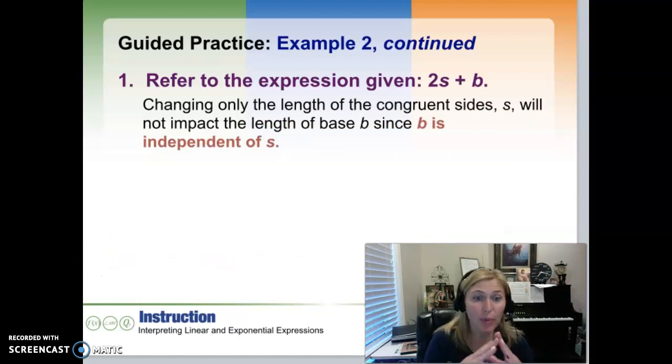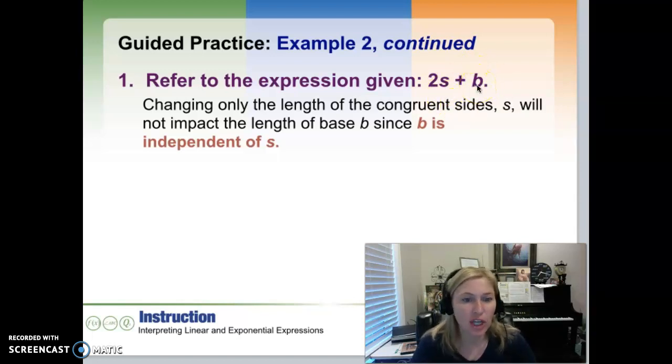Okay, so remember the expression was this: 2s plus b. So if I change the length of the sides, it'll change the value if I'm solving for it. But it doesn't change b, because b is independent. The base itself was independent of that, meaning I can change this, but this doesn't necessarily change because of it.